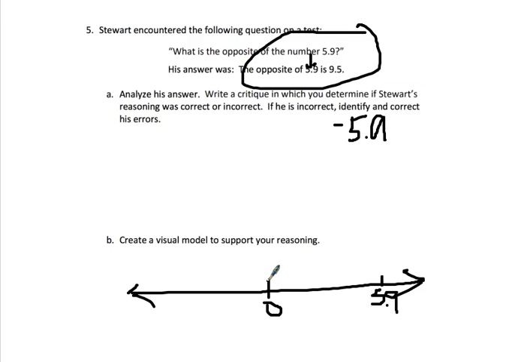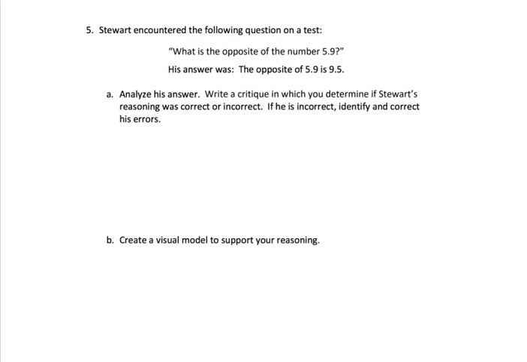So if I get to 0, I need to go another 5 9/10 past 0 to get an opposite number. Okay, and there's negative 5 9/10. 5 9/10 spaces here, 5 9/10 spaces here. And there's your visual model to support your reasoning that the opposite of 5 9/10 is negative 5 9/10. And again, I'm willing to bet you got that one absolutely correct.